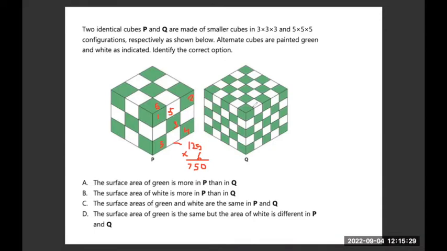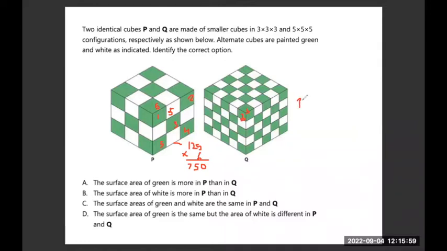Now, when I look at this one, the surface area of the green here is 3 by 3 by 13. 3 by 3 is 9, and 9 into 13 is 117.